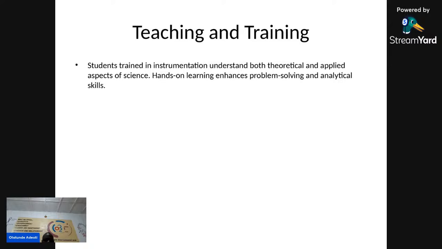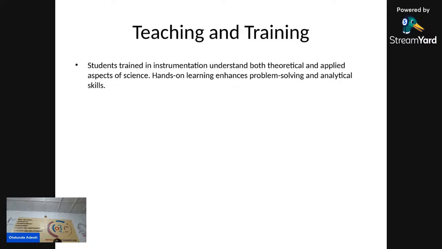Then teaching and training. Students trained in instrumentation understand. So if anybody is going for training, or if anybody wants to be trained at all, you have to be knowledgeable in both the theoretical and applied aspects of science. And what aspect of science have we been talking about? Application. What has been the missing gap between being a biologist in the past and the biology of today?